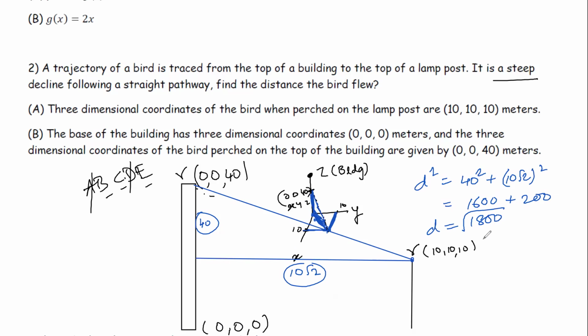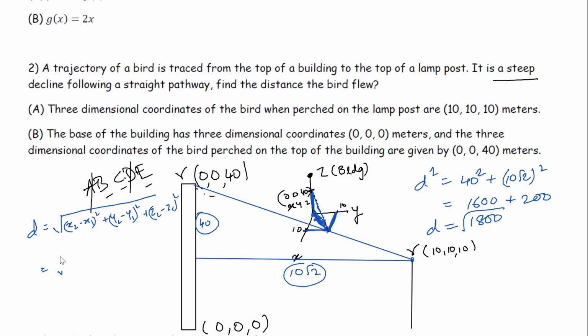So we can get root of 1800 using the three-dimensional distance formula, which is like this: x2 minus x1 the whole square plus y2 minus y1 the whole square plus z2 minus z1 the whole square.